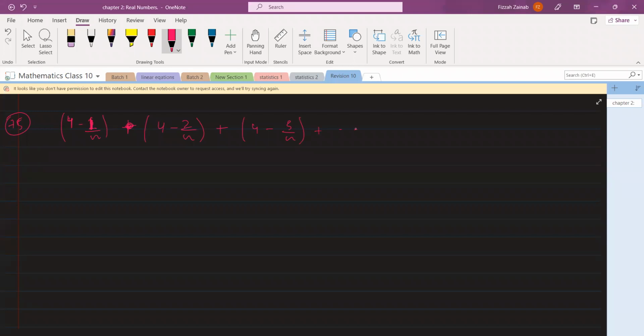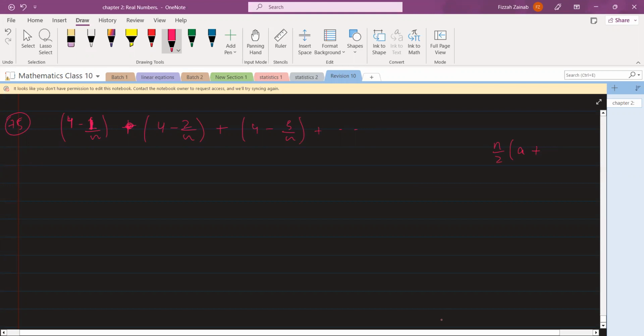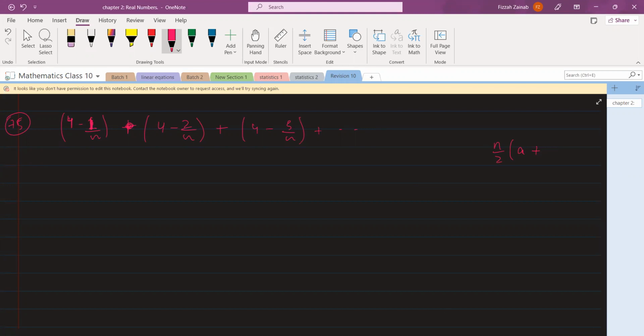You have to find the sum of n terms. Okay, so you know the formula. So you can directly use this one, n by 2 times a plus l, but you don't know the last term. Okay, 1 minute.